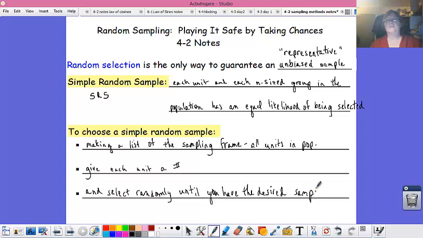Well, that doesn't sound too bad, right? Kind of like pulling numbers out of a hat. That's exactly what it is. You make a list of everybody in the population, you number each of those units, and you select randomly one by one until you have the sample size that you need. Okay? That's a simple random sample.